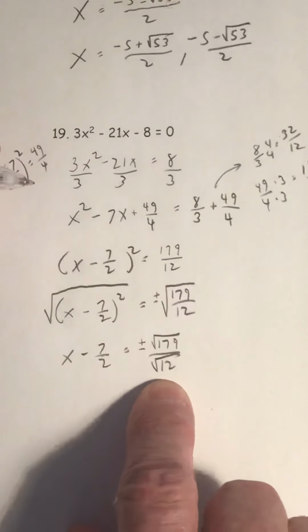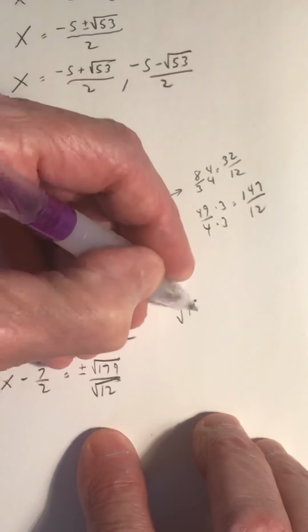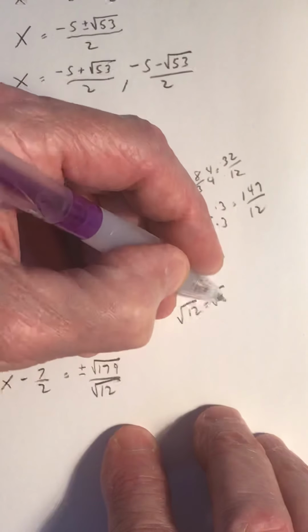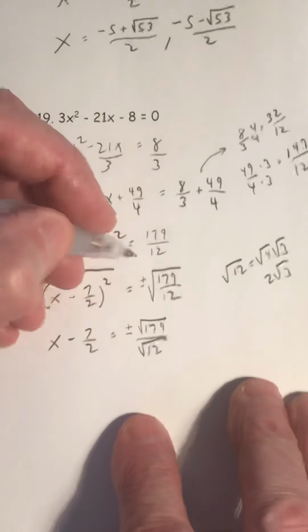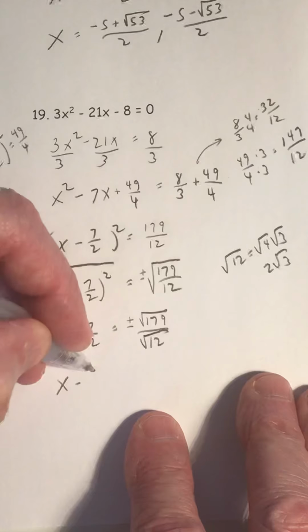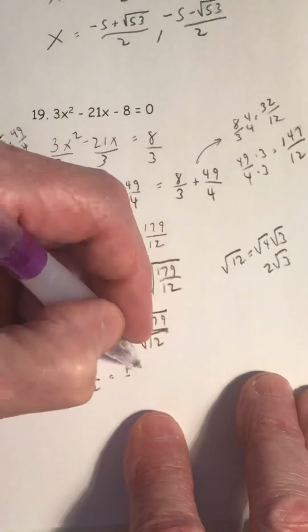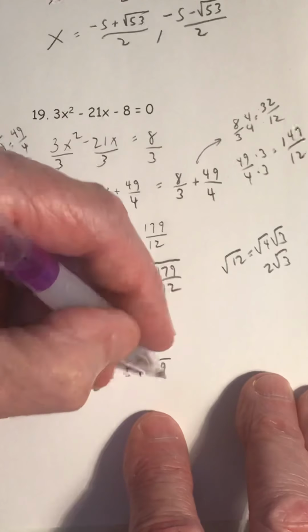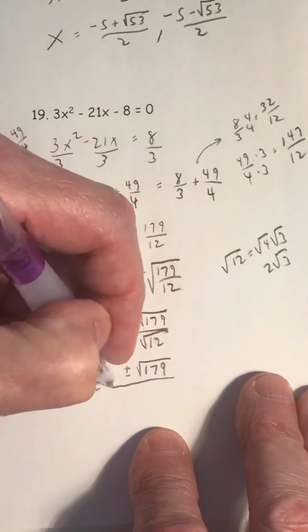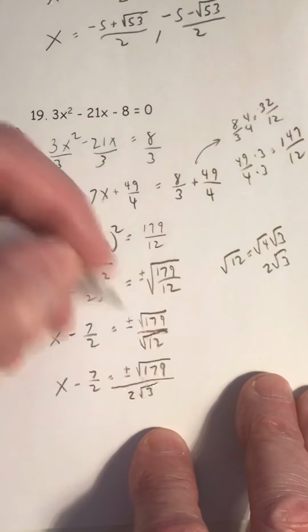And I'm doing this because the square root of 12, I can change that to square root 4, square root 3, which becomes 2 square root 3. So I'm going to write x minus 7/2 equals plus or minus the square root of 179 over 2 root 3.